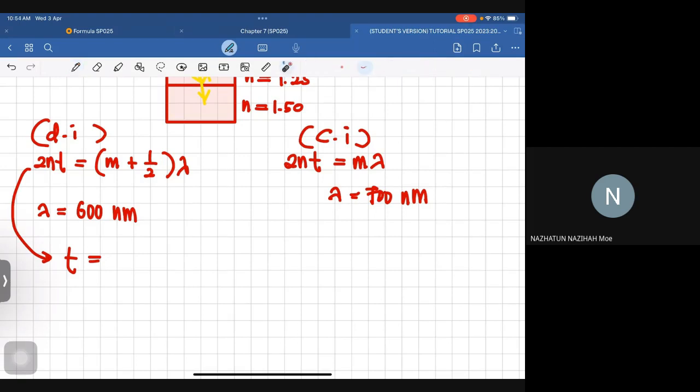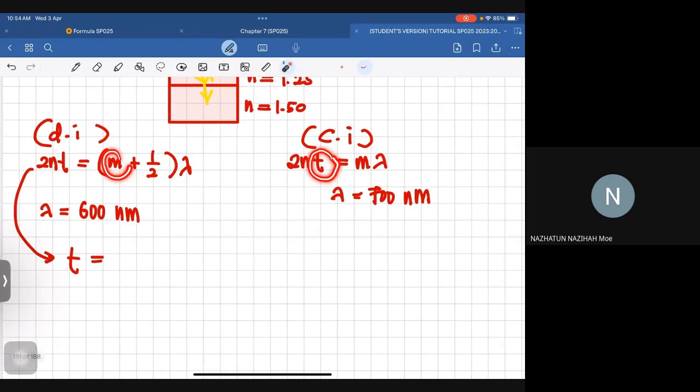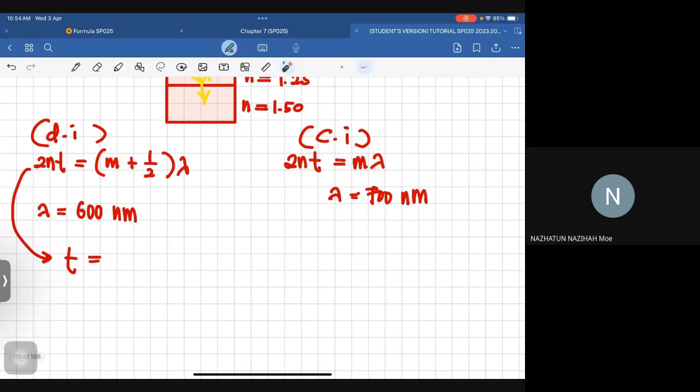Sebab in order for us to find the thickness, we need to know the order number. Okay, we need to know the order number that this reflection is occurring. Okay, so kita kena cari dulu lah berapa nilai order number dia tu, baru kita substitute dalam formula tu untuk cari thickness dia. Boleh faham ke? Are you okay?